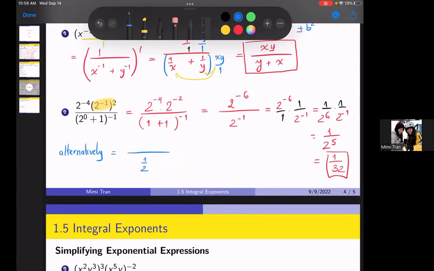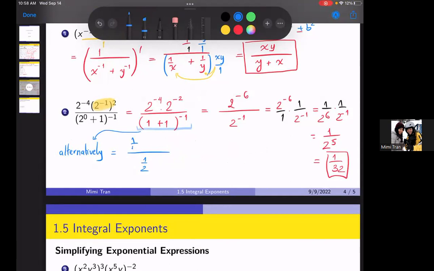Okay, Angela did this. So from this step, she changed it into fractions. So 2 to the negative 1 becomes 1/2. And then on the top, 2 to the negative 4 is 1 over 16.